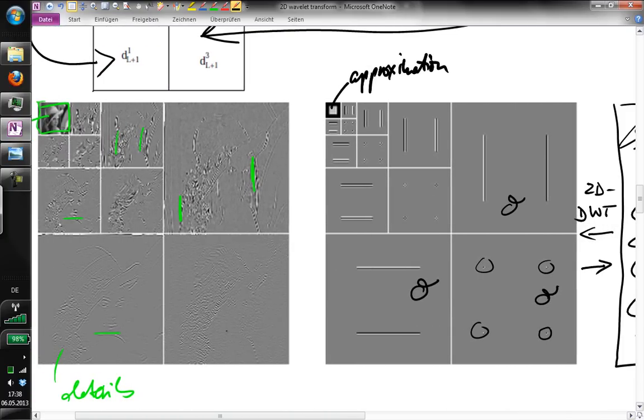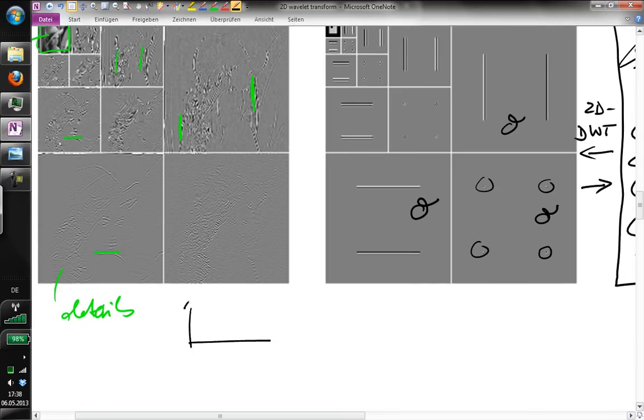if I plot a histogram of these coefficients, here is the number of occurrences and here is the magnitude of these coefficients, then I will have a few coefficients that have large values, but most coefficients, I have to break the y-axis here, will have values very close to zero. And I can now make an approximation and say, look, I'm just going to discard all coefficients that have very small values, and replace them by straight zeros, which allows me to do efficient chain coding of the remaining ones.